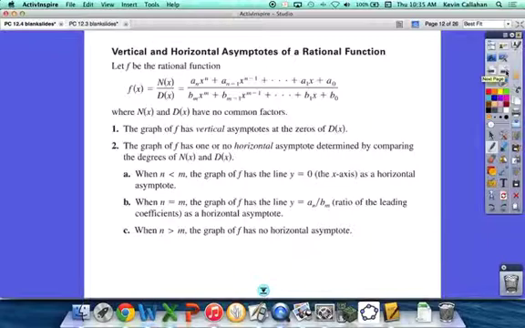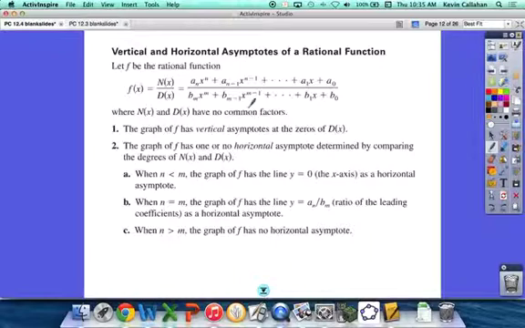It said, if you have a rational function, a polynomial in the numerator, a polynomial in the denominator, the highest power term is x to the n and x to the m with coefficients of a and b. What this is saying is that when n is less than m, the power in the numerator is less than the denominator, then y equals 0.